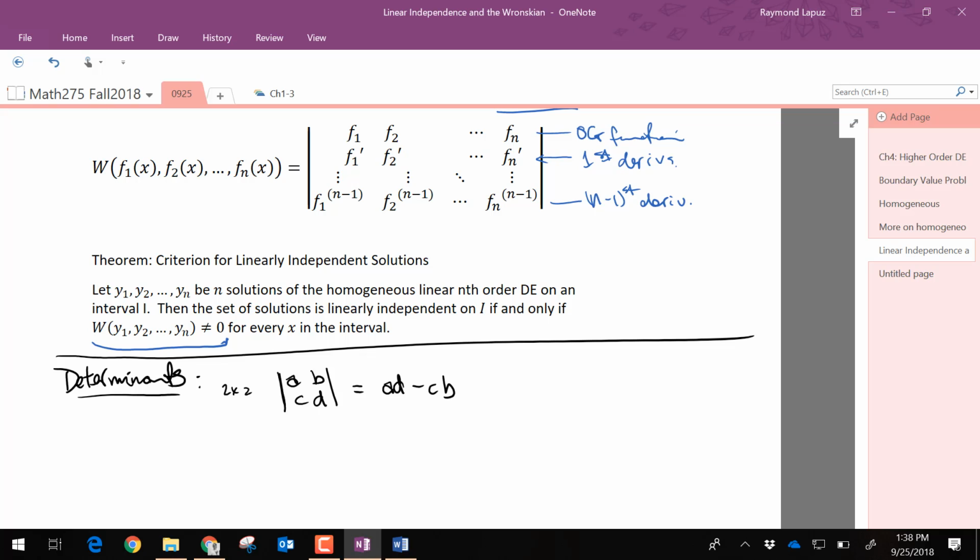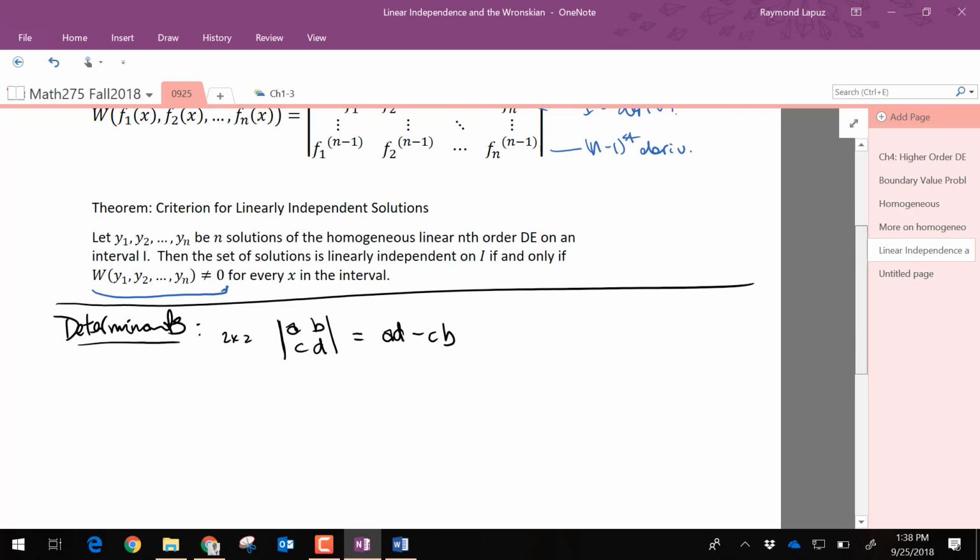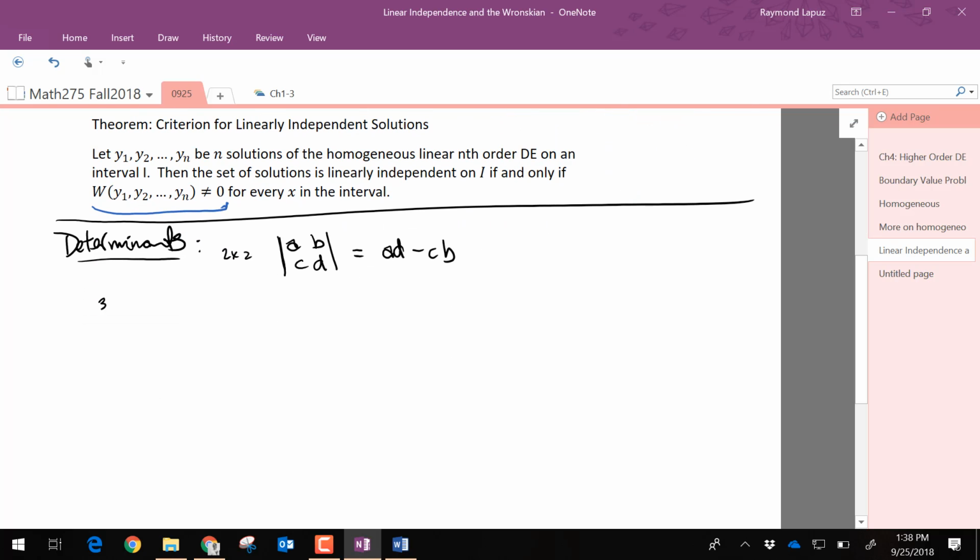Now, for a 3x3, we have to expand. So what we need to do is expand on either any row or any column.